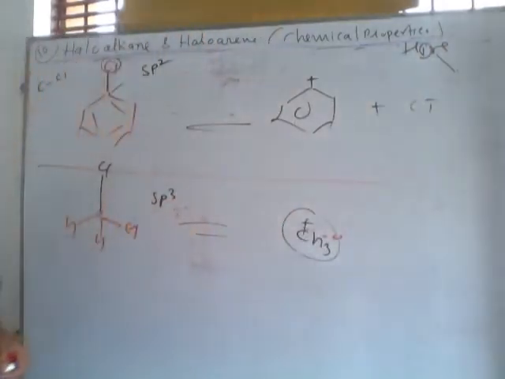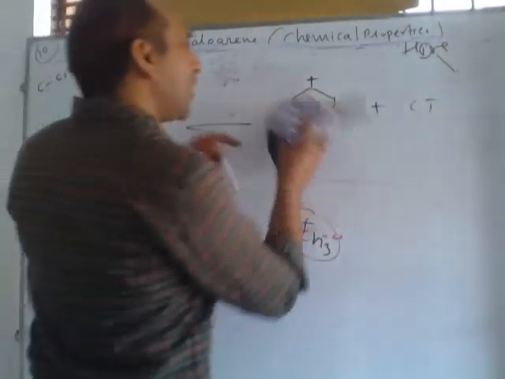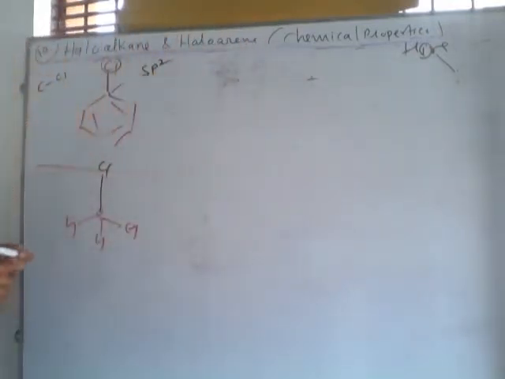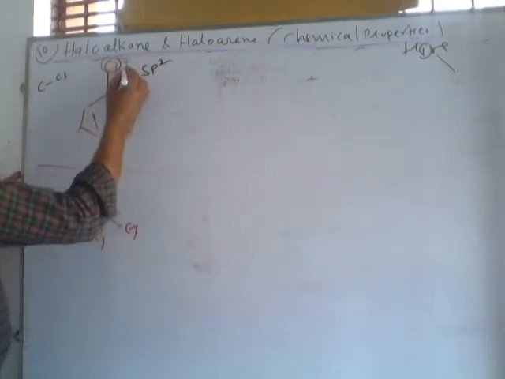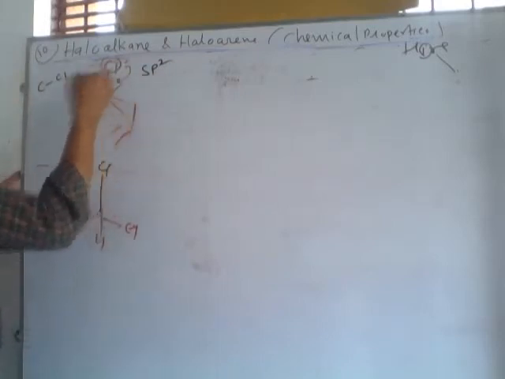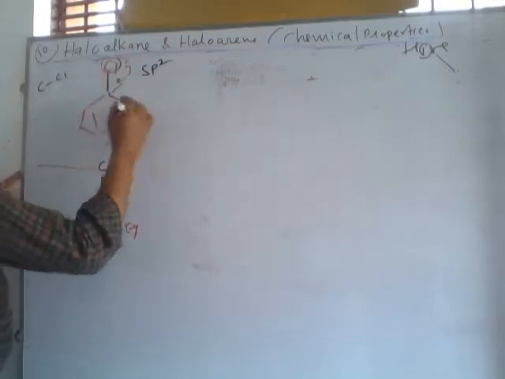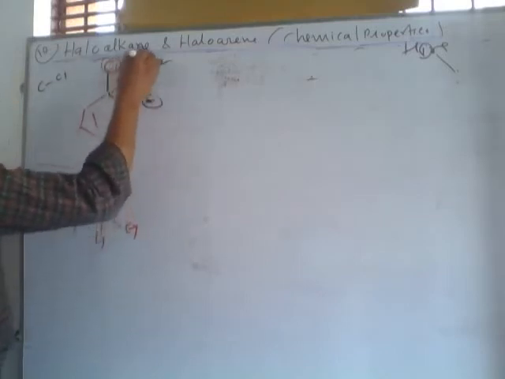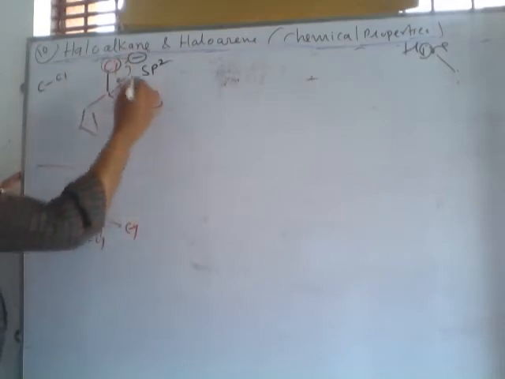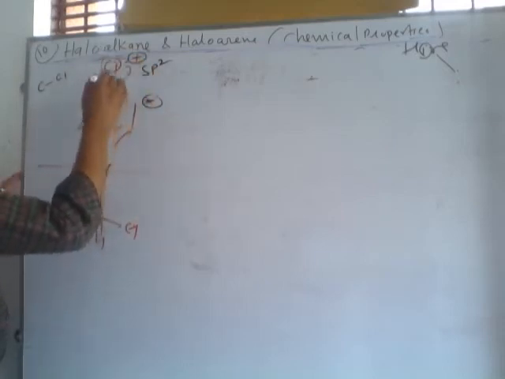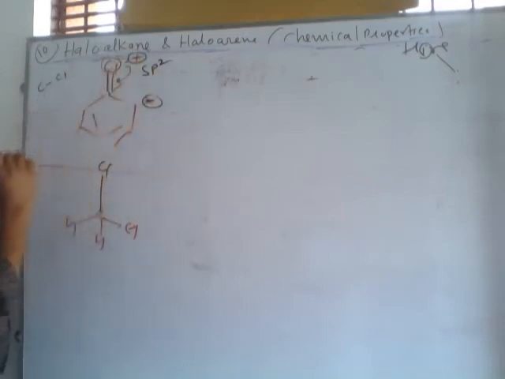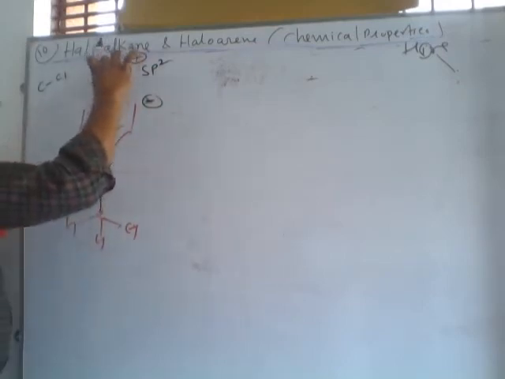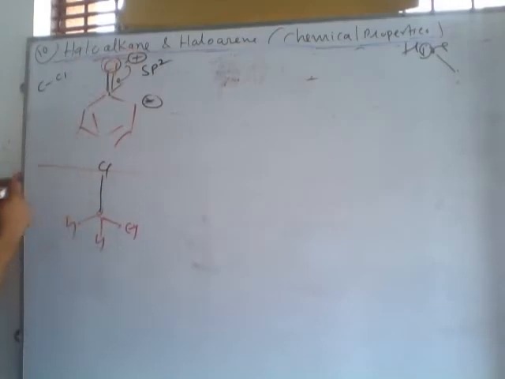Out of these two, in the aromatic compound, resonance is possible. In resonance, the lone pair of chlorine goes inside the ring. So here this becomes minus, this becomes plus. So a partial double bond occurs between these two due to resonance. Breaking a double bond is much more difficult than a single bond.